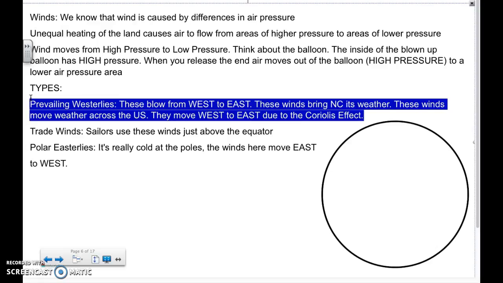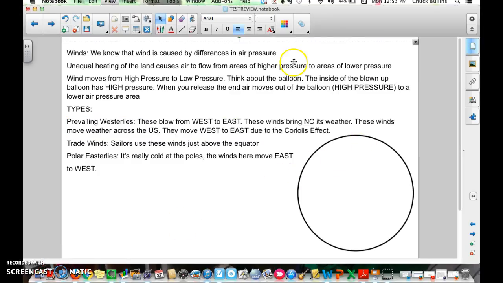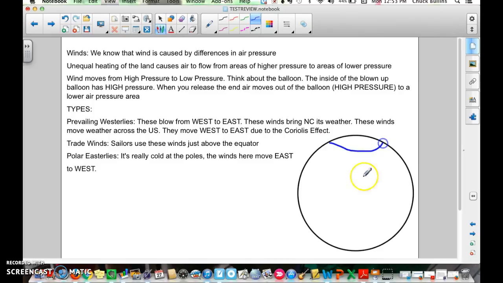We talked about how these winds curve due to the Coriolis Effect, and we'll talk about that right here in our notes. Here's our Earth, and we said that up here, in the upper parts of the Earth, at the poles, we had kind of cold air.